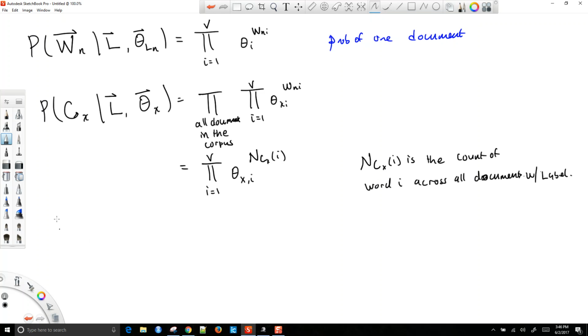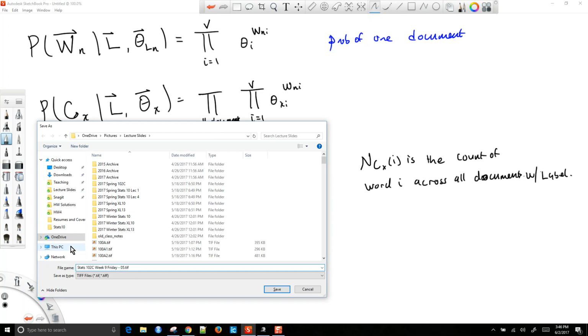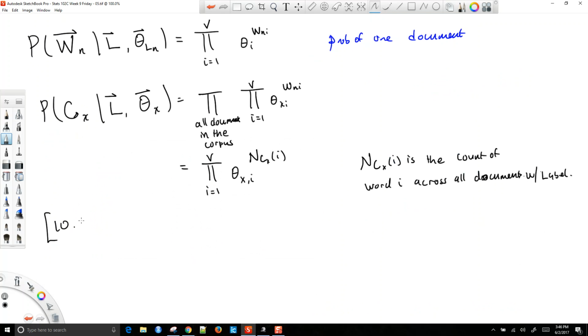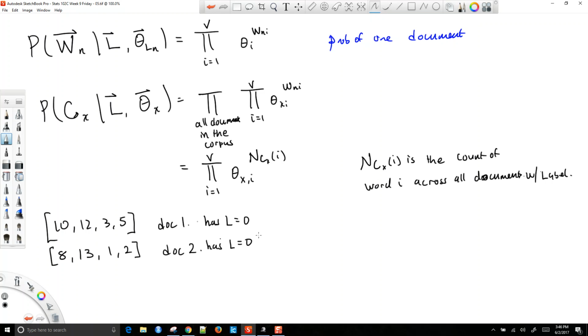So if one document was the previous one, 10, 12, 3, and 5, this is document 1, and then we have document 2. Document 1 has L equal to 0, and document 2 also has L equal to 0, and maybe it has 8 and 13 and 1 and 2, something like this.